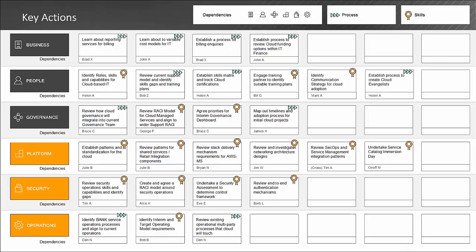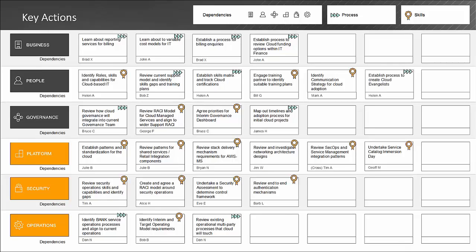We need to move to a model where we're supporting these new cloud services. How does that change support? So you can imagine if you're the stakeholder who owns help desk or who owns support, you probably have a vested interest in understanding how that change impacts you and your team. So these are some great examples here.